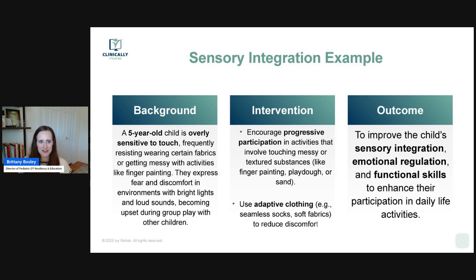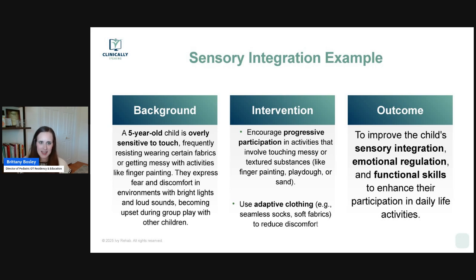These are all things to keep in mind as you go into the assessment and then as you plan out intervention. What we would do is encourage progressive participation in activities such as touching messy textures or substances, like Play-Doh through a bag or sand in water. We would also recommend adaptive clothing, such as seamless socks and soft fabrics, to reduce discomfort for this child.